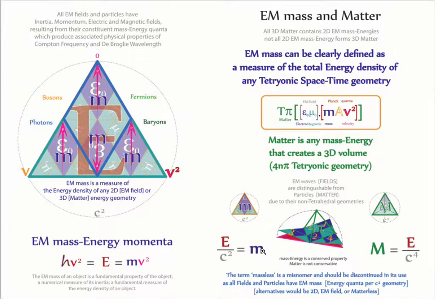Again, we have the relationship between two-dimensional mass energy, and that is different to the relationship between matter energy, the difference being the coordinate systems that are employed between two-dimensional and three-dimensional coordinate systems.